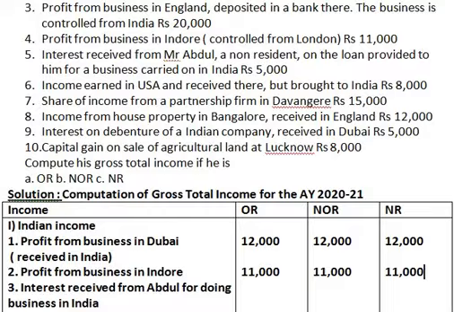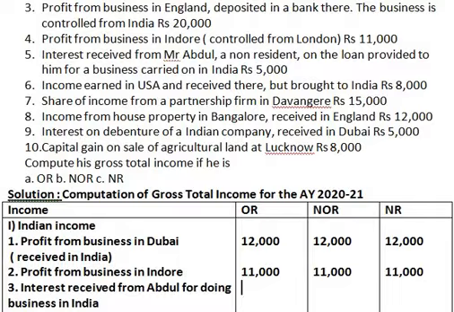Which is the next Indian income out of the given incomes in the sum? Interest received from Abdul, a non-resident, on a loan provided to him for a business carried on in India. Abdul is non-resident, but where is he carrying on the business? In India. When the base is in India, it is Indian income. What is the amount of interest received from Abdul for doing business in India? It is 5,000 rupees.